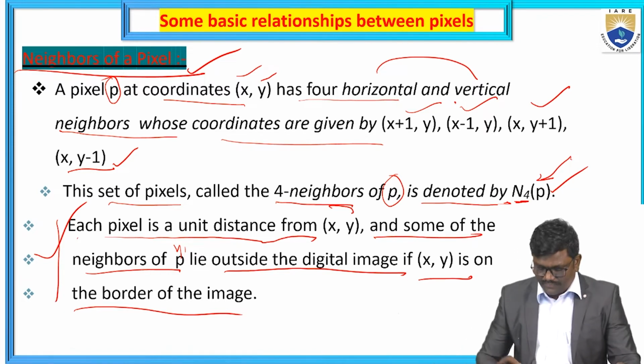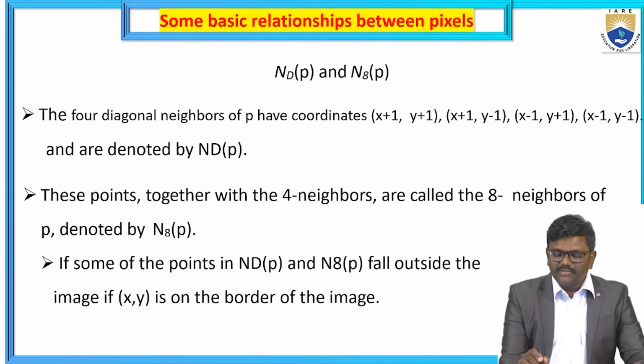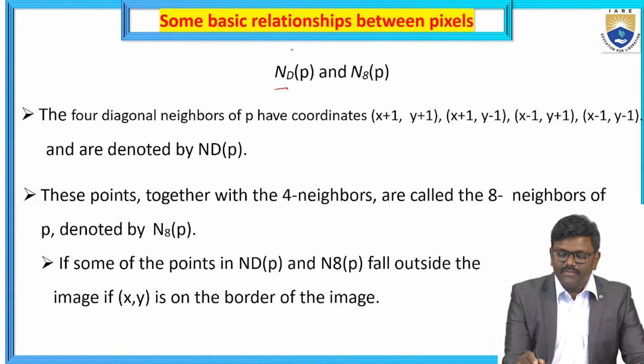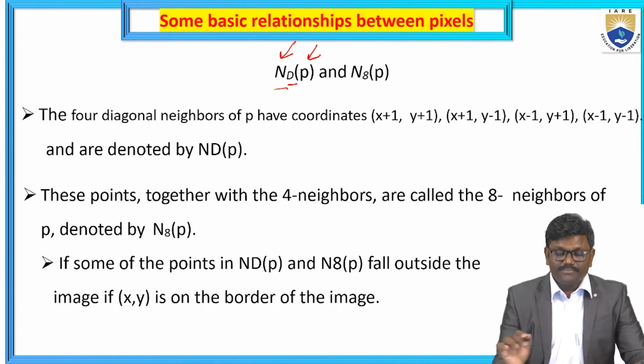So how can we define this? Let us see here n suffix d of p. N means neighbor of pixel, represented in terms of the diagonal neighbors of a pixel p. Okay.